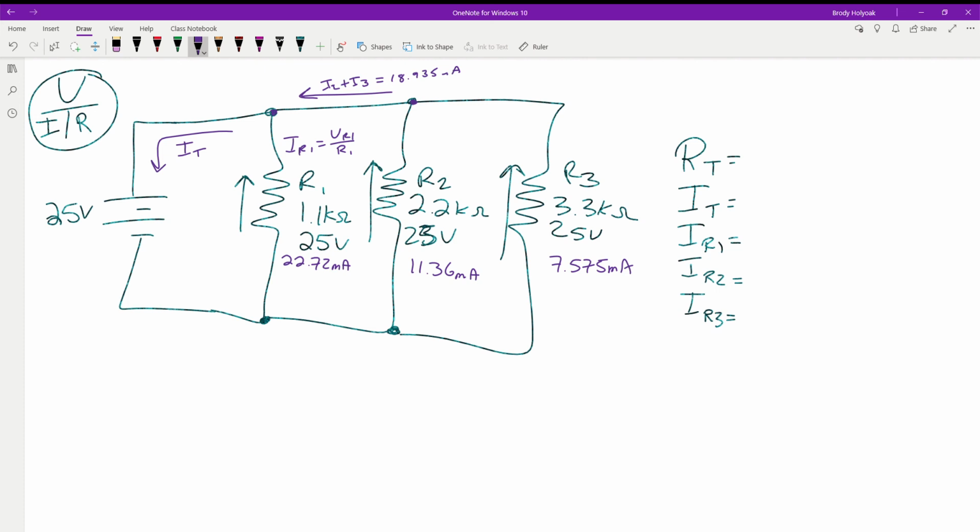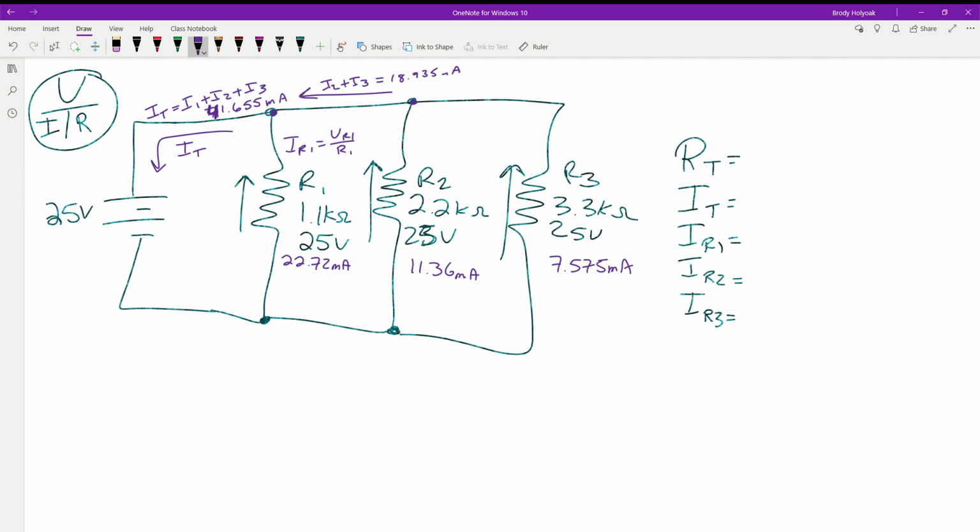We have 22.72 milliamps coming up. How much do we have coming out? 41.655 milliamps. Okay, so that's using Kirchhoff's current law and Ohm's law to solve for this guy.